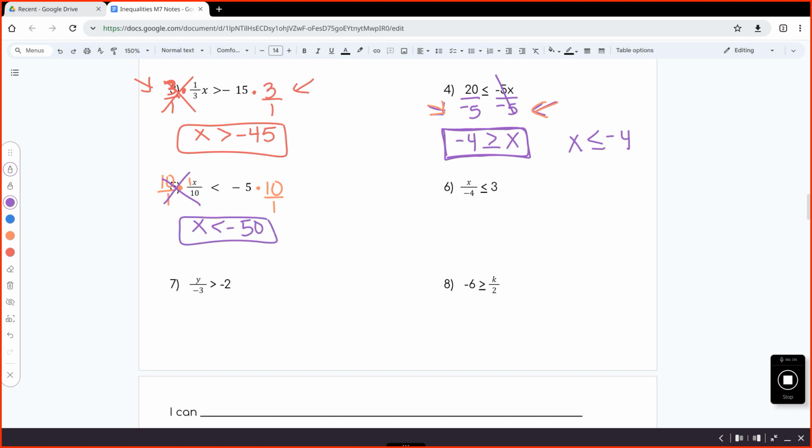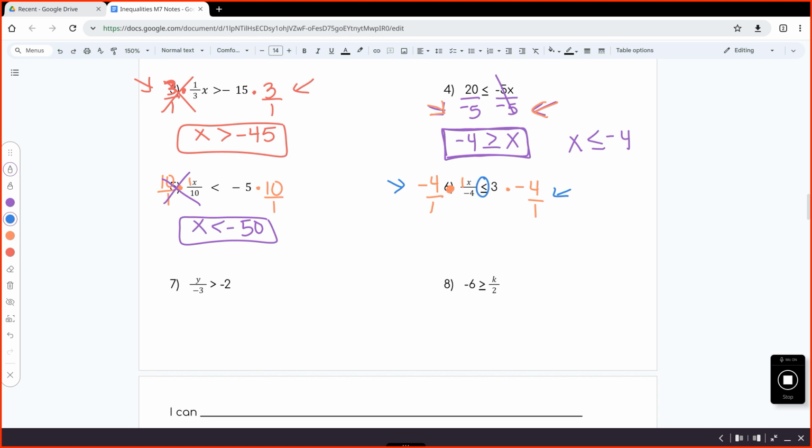All right, number 6, we have x divided by negative 4 is less than or equal to 3. I'm going to insert my 1 here, and now I have 1 over negative 4. So now I'm going to multiply by the reciprocal, which is negative 4 over 1. All right, look at that. I multiplied both sides by a negative, right? Negative 4 over 1 is here and here.